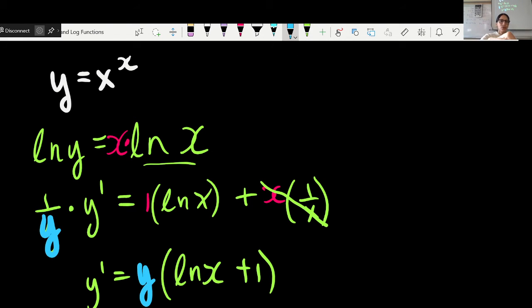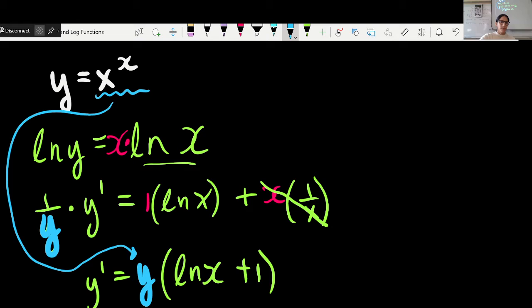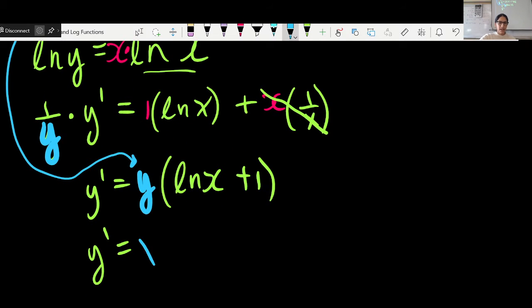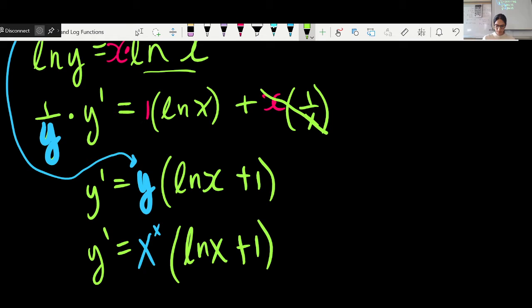And then that y was equal to this x to the power of x. So my last step is I want to plug that back into here so that I'm only dealing with x's. And I can say y prime equals, and when I plug that in, it would be x to the x times ln x plus 1.